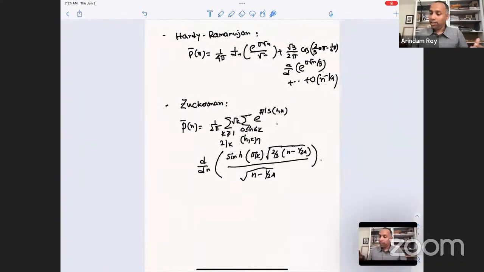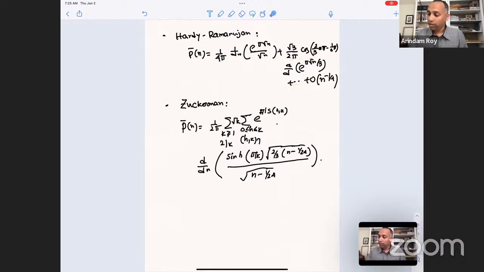And similarly, if you look at the overpartition, it was studied long ago, and Hardy and Ramanujan themselves gave an asymptotic looking like 1 over 4 pi times the derivative d/dn of the function e to the power pi root n over root n, and so on.